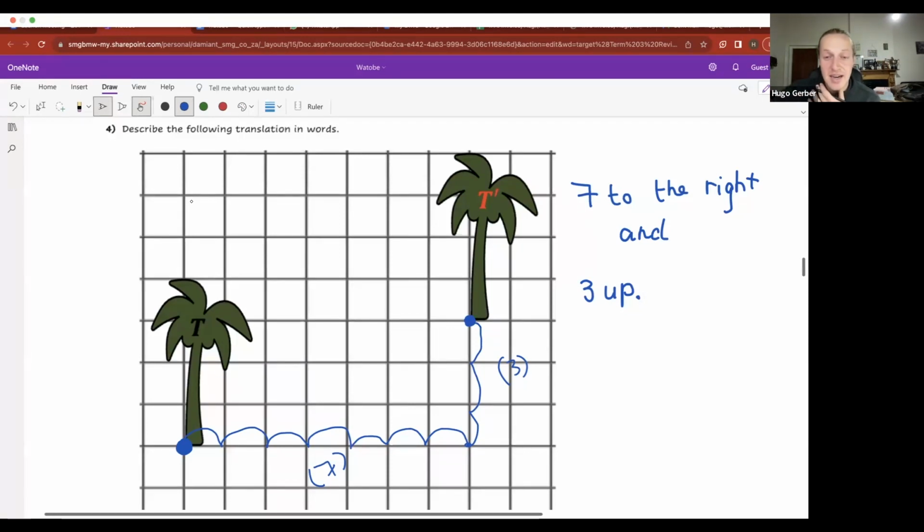So if anything, guys, even if you did not write the answer to this question right now, make sure that you made the note. When they ask you to describe the following translation, you need to describe how they got from the original, which is plain T, to the image shape, T prime. All right? Please make sure you guys know that.